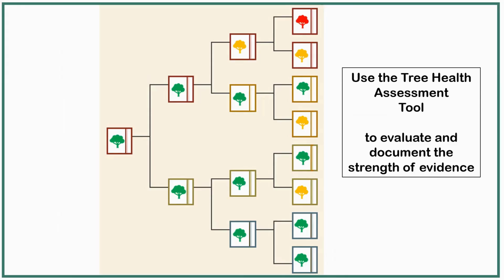The three colours indicate the strength of the evidence. Green means the evidence is strong, yellow means you need better evidence, and red means you have no evidence. The colours are not simply labels. They encourage you to stop, evaluate the evidence supporting each conclusion, and decide whether it is strong enough.